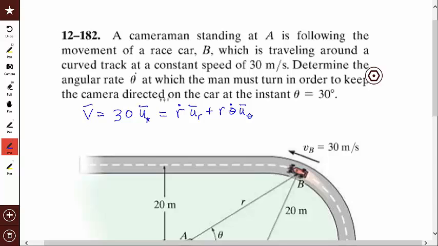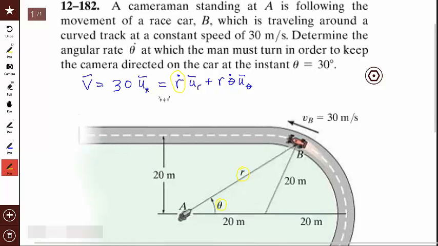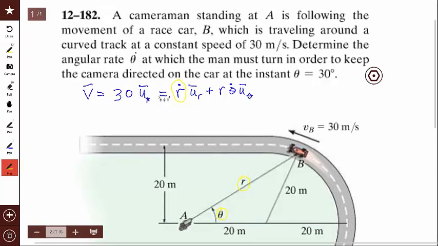And so what I'm going to do is equate this vector. For example, here I don't know what r dot is, and some of the students were saying that they would like to write this in terms of the angle theta and then take a derivative. I don't have any problem with that. I think that might be a little difficult, so I'm going to avoid it.